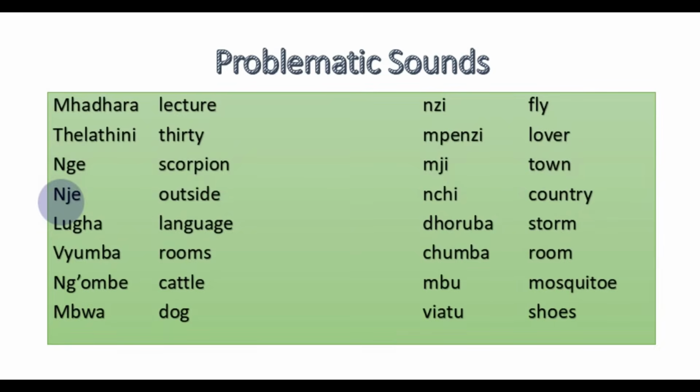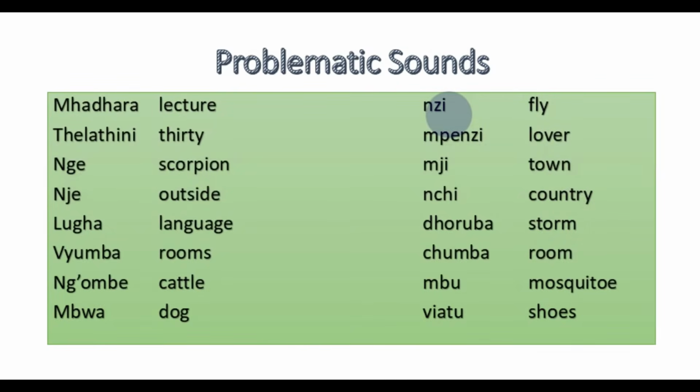Nje, outside. Lugha, language. Vyumba, rooms. Ng'ombe, cattle. Mbwa, a dog.